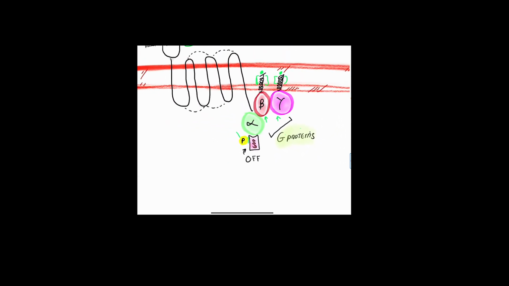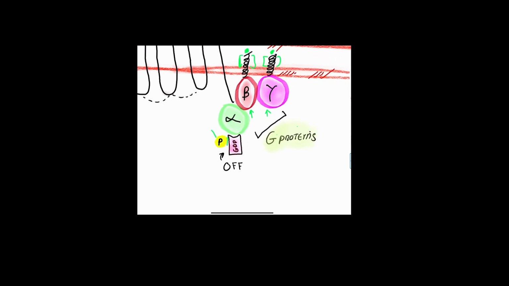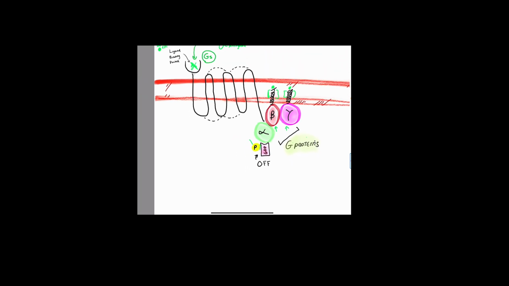So no ligand, right? We have nothing binding in here. That means that the alpha subunit is off, and what is attached to it to keep it off and to keep it regulated is a GDP molecule. So what's going to happen? Well, when a ligand does bind, so let's say we have binding in the pocket, and I'm just coloring this in so you can follow along.